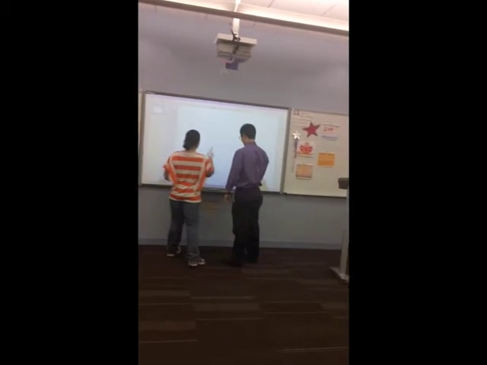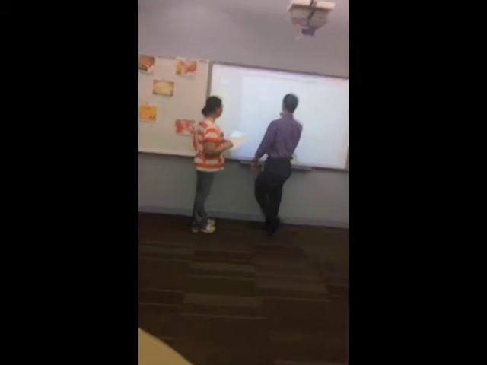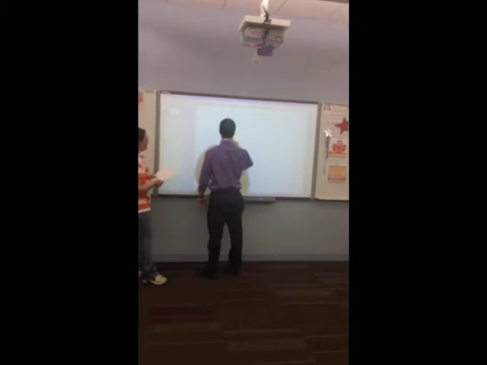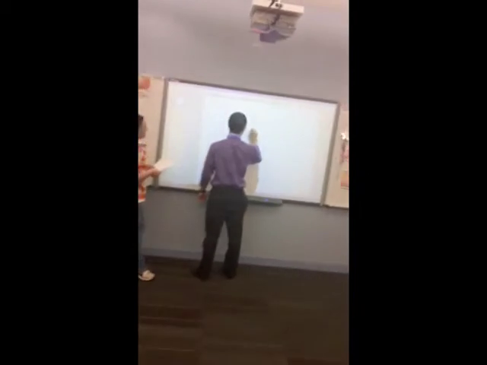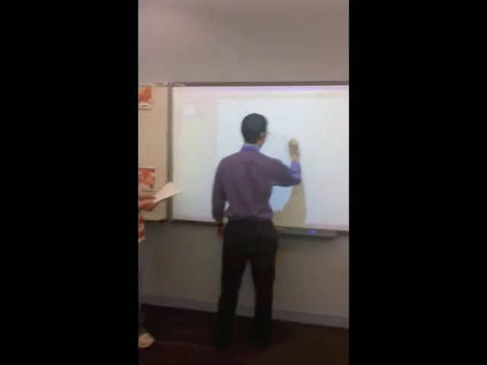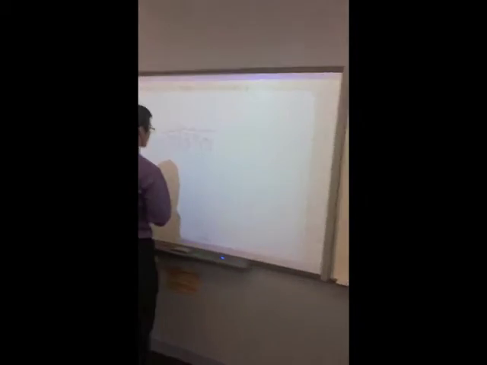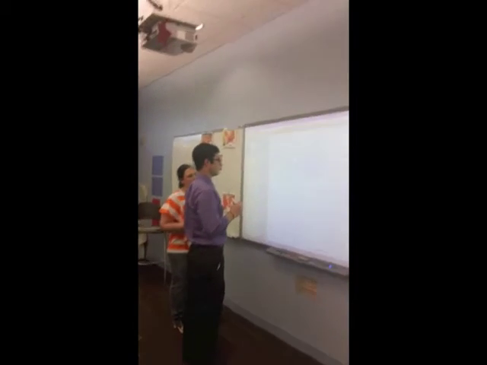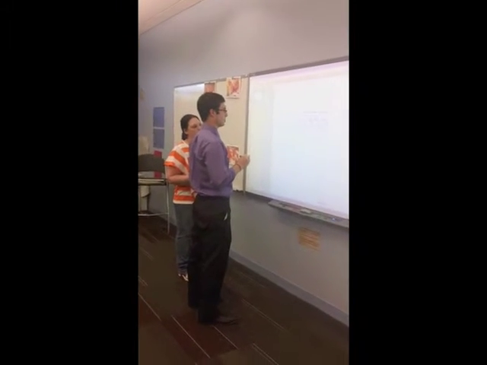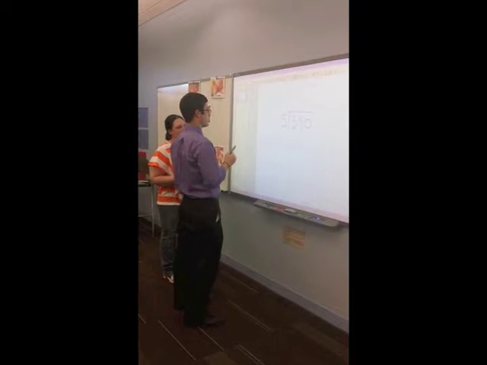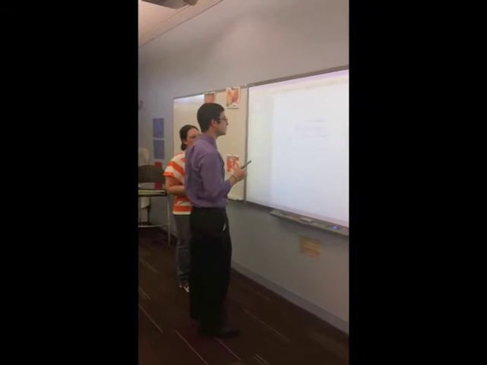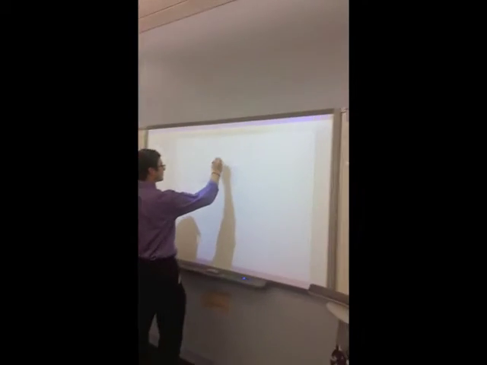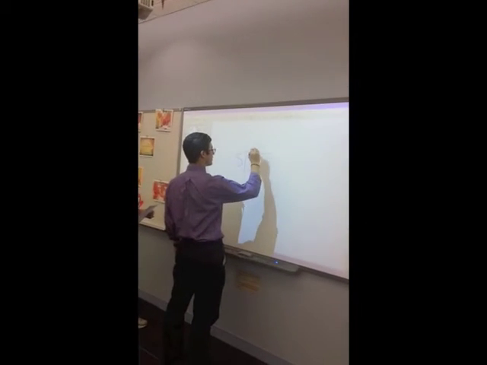It's okay. All right, so do your 5 divided by 390. There you go. Okay, and then does 5 go into 3? No. Okay, so then what would you do? 5 goes into 39. Okay, how many times? 7. Okay. Put that up there.